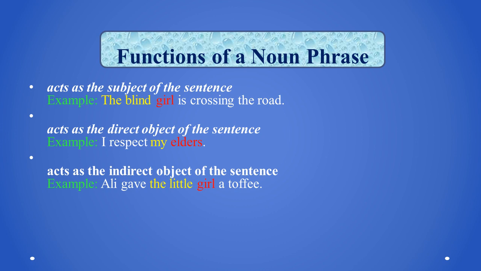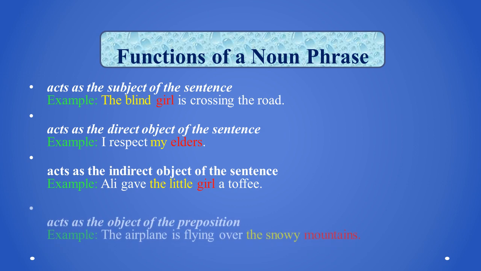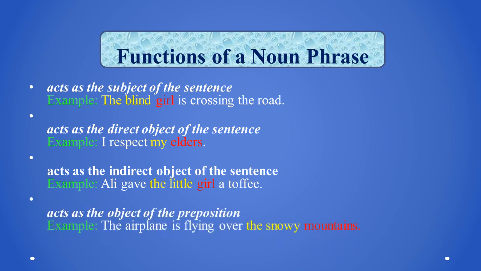The little girl is acting as the indirect object of the sentence. Lastly, it can also act as the object of the preposition. In the given example, the airplane is flying over the snowy mountains. The snowy mountains is the object of the preposition over, and the snowy mountains is acting as a noun phrase. So we can say that it also acts as the object of the preposition.